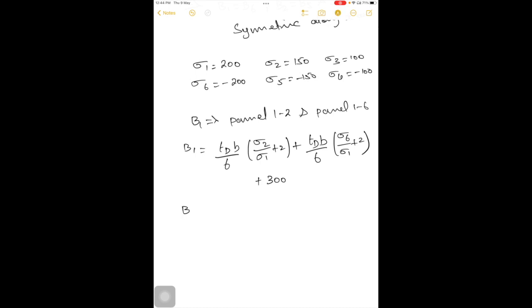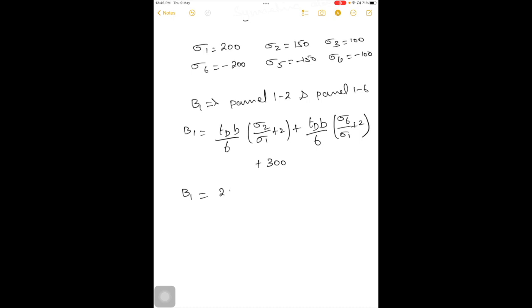Now we know all the values. V1 equal to 2, and the breadth is 600, so 600 divided by 6 into sigma 2 is 150, sigma 1 is 200, plus 2.